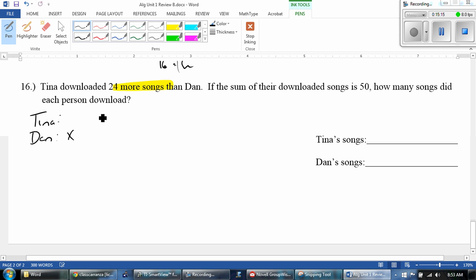So if Dan is x, Tina is x plus 24, 24 more than Dan. And together, their sum is 50. So you would take Dan plus Tina, and that equals 50.